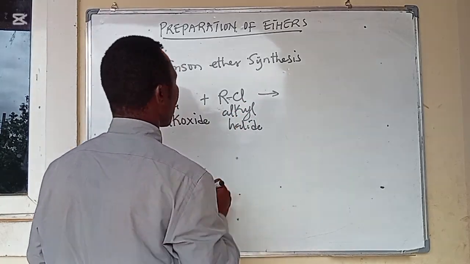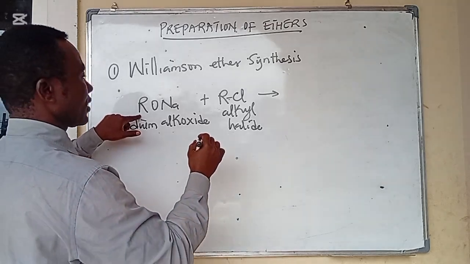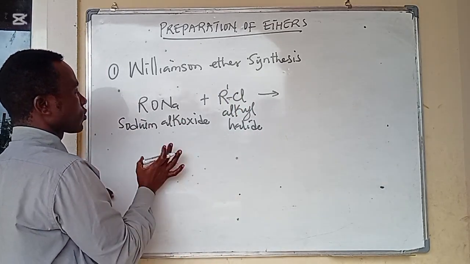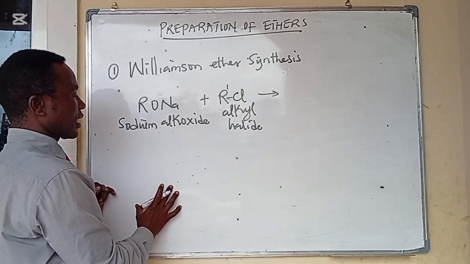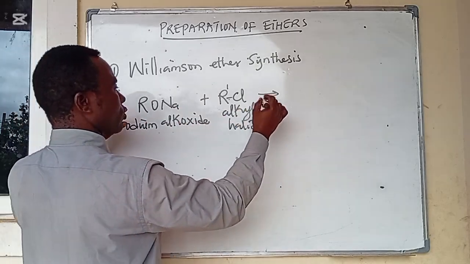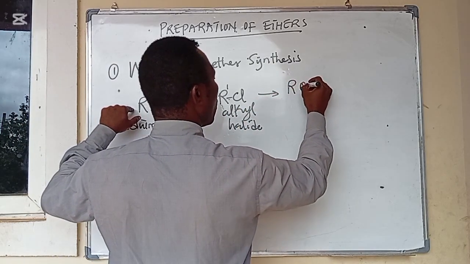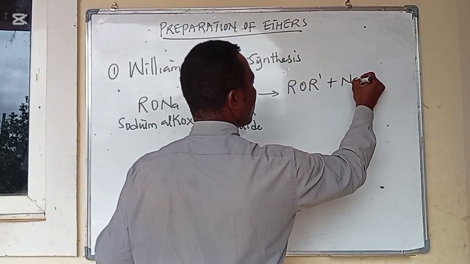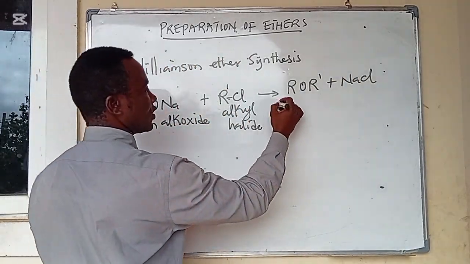When two of them react, we can call the alkyl halide R prime, and R for the alkoxide. Now when they react, we will be having R-O-R prime, plus NaCl.